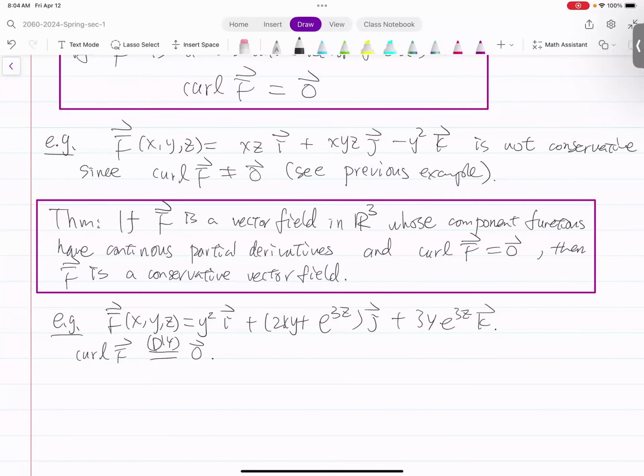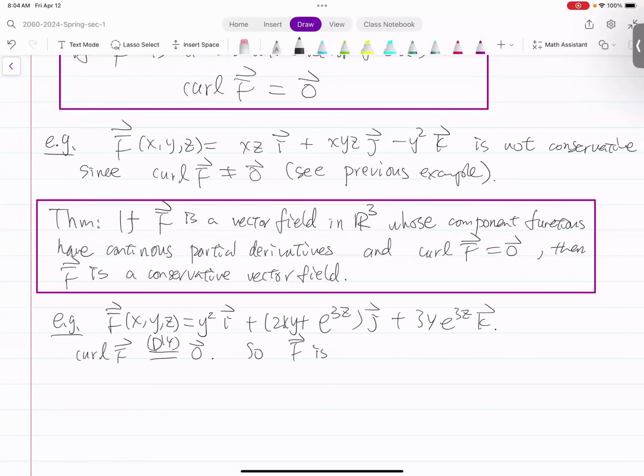But here, if you look at the components, they're definitely continuously differentiable. Okay? So we just have polynomial expressions, and we put together with exponential functions, right? So it's definitely continuously differentiable. So that tells you, okay, so it's a nice vector field, and the curl is the zero vector.